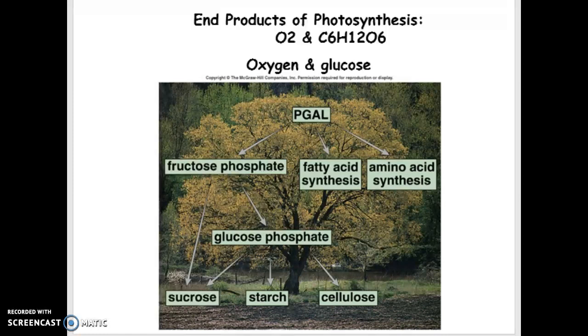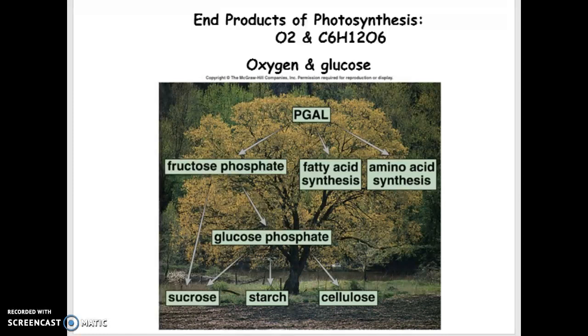The glucose depends on what part of the life cycle the plant's in. The glucose may get combined together to form cellulose, so now it can grow and make more branches and leaves and roots. It may combine it into starch and store it as a form of long-term energy. Maybe it's the type of plant that stores it as sucrose.